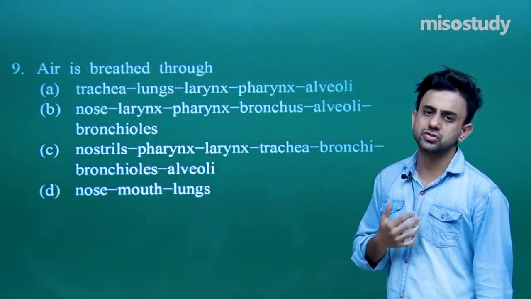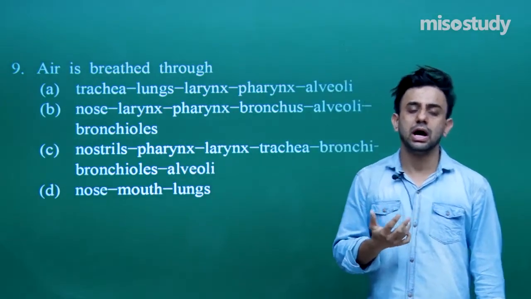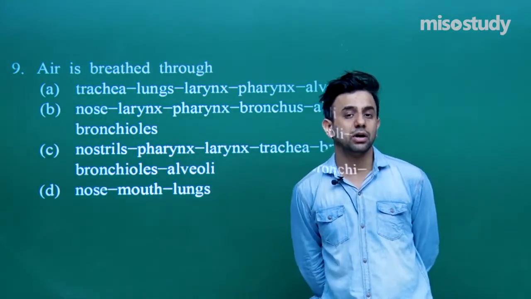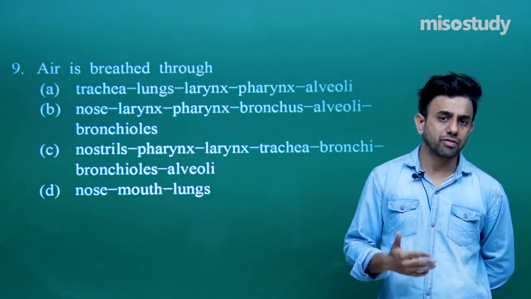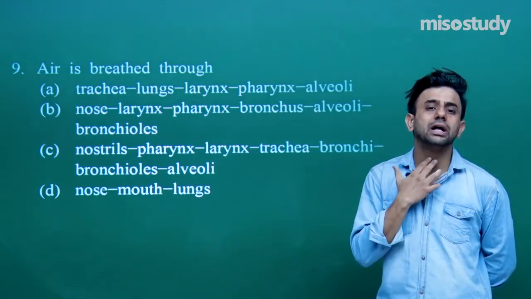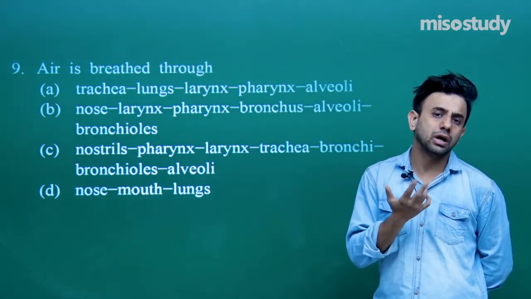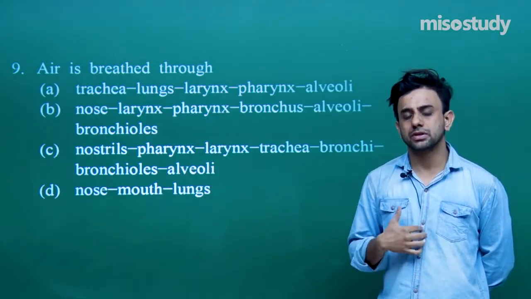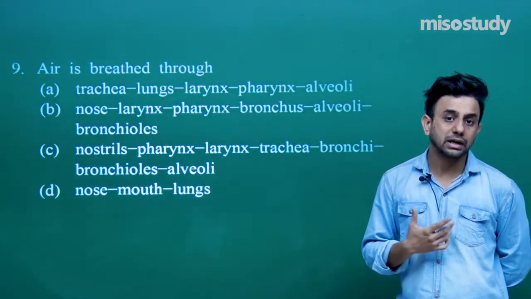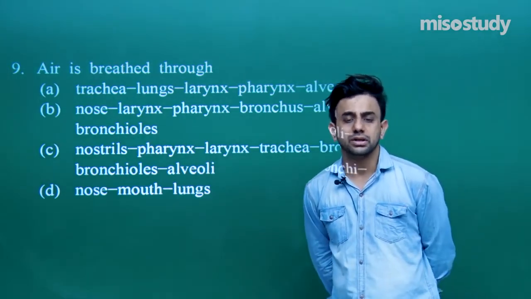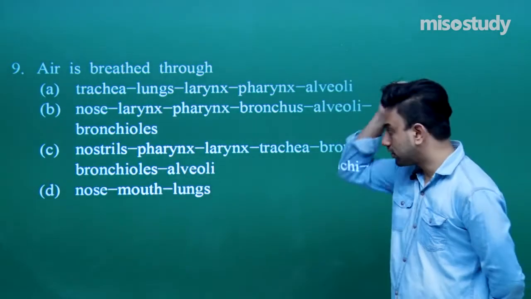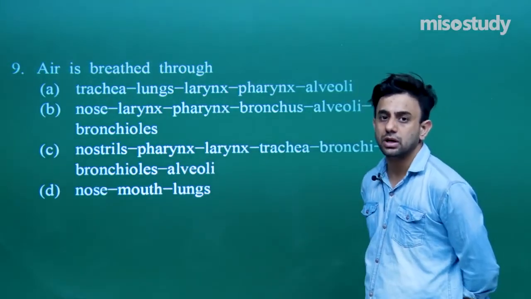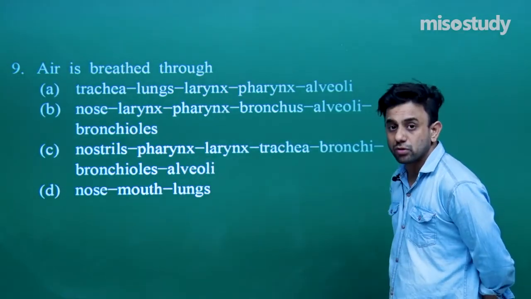It goes in through the nostrils, then to the nasal chamber, and then to the pharynx: the nasopharynx, the oropharynx, the laryngopharynx. After the pharynx come the larynx, the trachea, the bronchi, the primary, secondary and tertiary bronchioles, and finally the alveoli. That is the whole pathway that the air follows, not we.